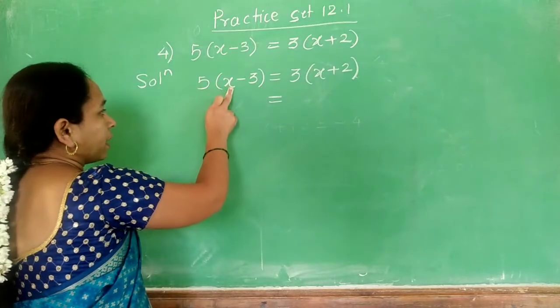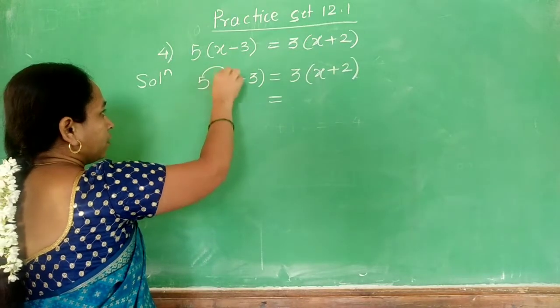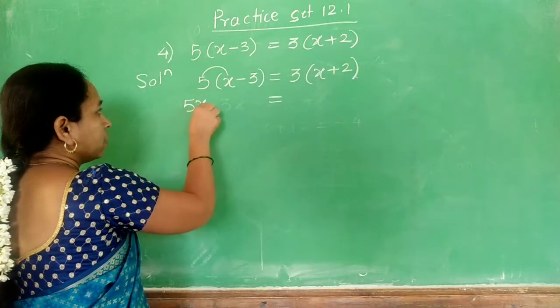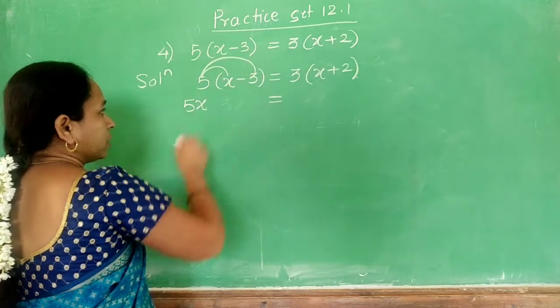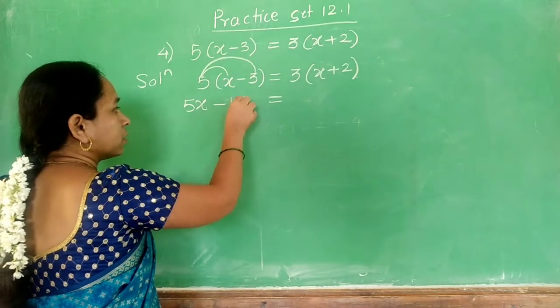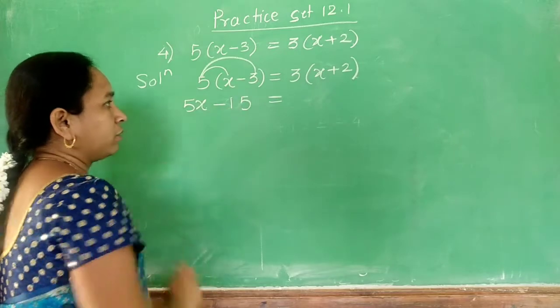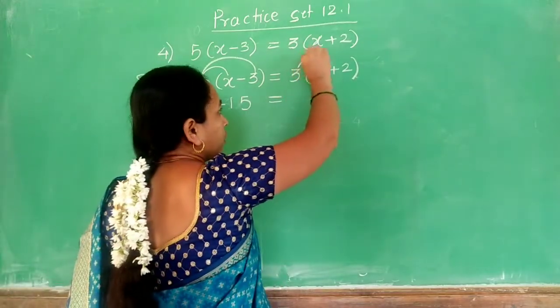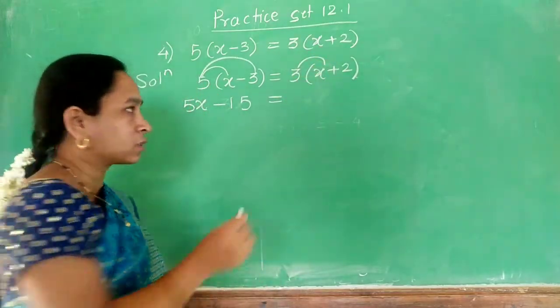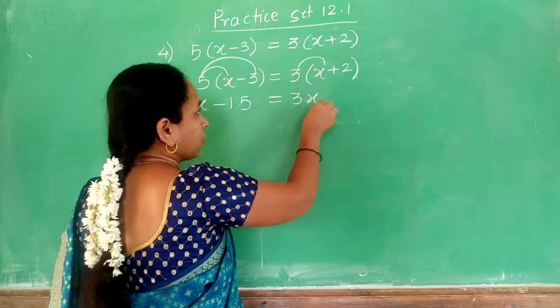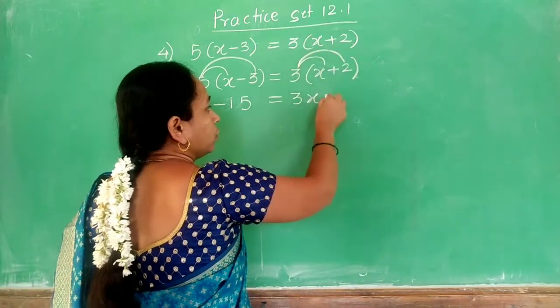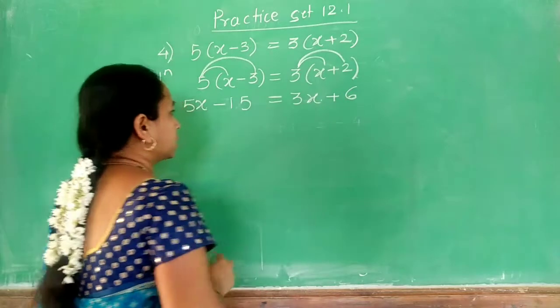So multiplying by 5, I will get 5x, then minus 15, since 5 3s are 15. Same way here, 3 multiplied by x is 3x, and 3 multiplied by 2 is 6.